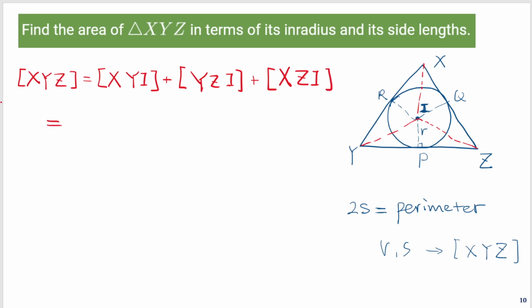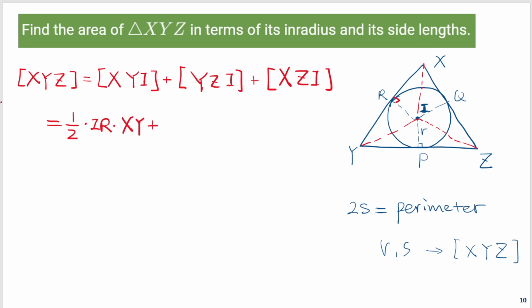And for those 3 small triangles, we know that's the altitude and that's the side, right? So for example, the area of XYI equals 1/2 of IR times the corresponding side or base, which is XY, right?